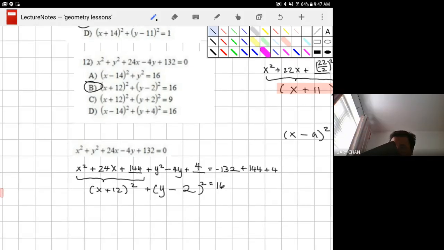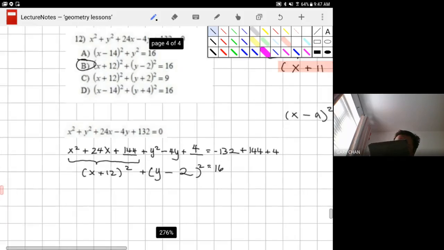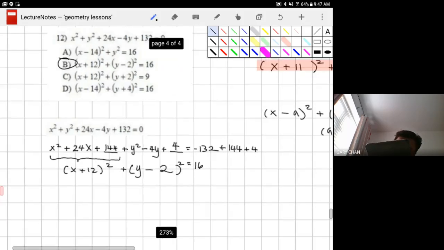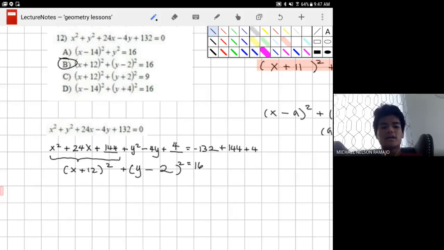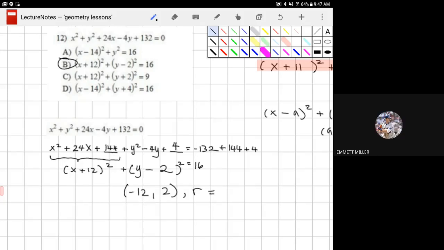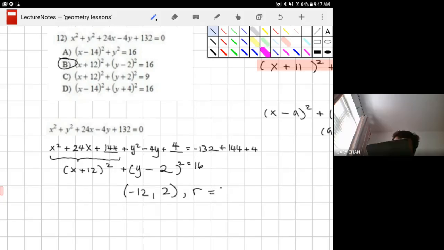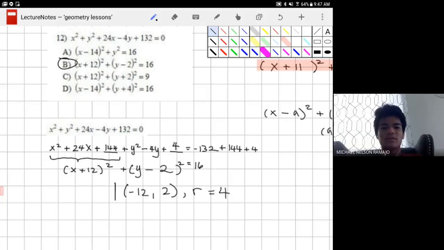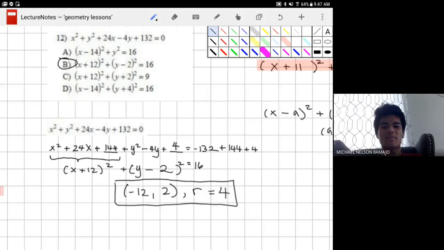And just as an add-on question here, what's the center and radius of this equation? Is it negative 12 and positive 2? Negative 12, positive 2. And what's the radius? 8. Wait, no, sorry, 4. It's 4. Why is it not 8? I thought the radius is supposed to be half the diameter.